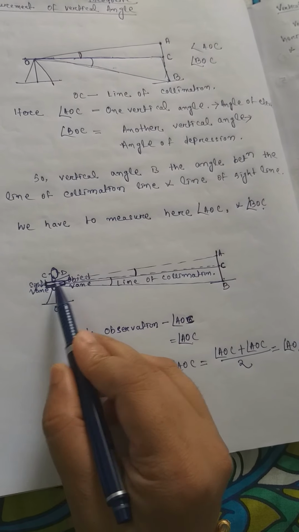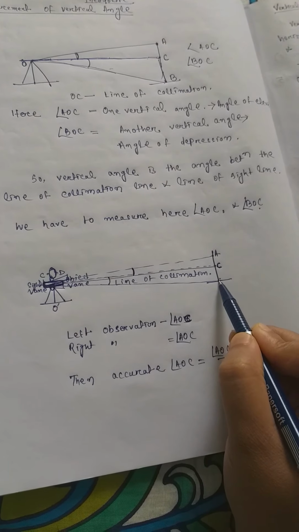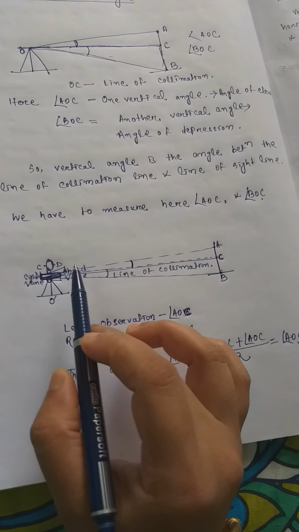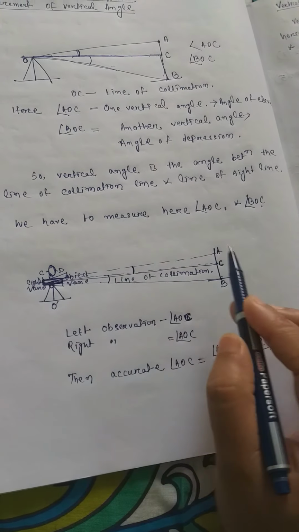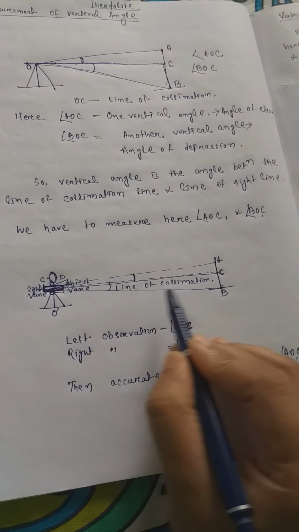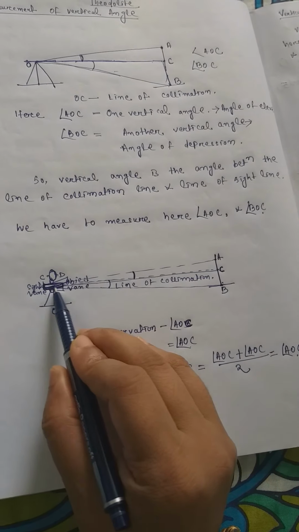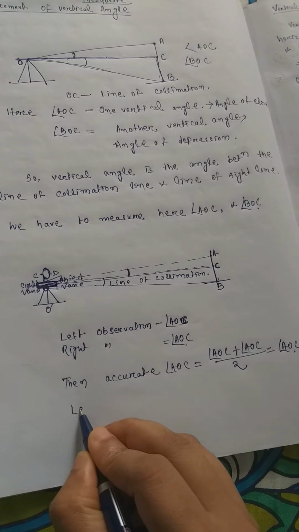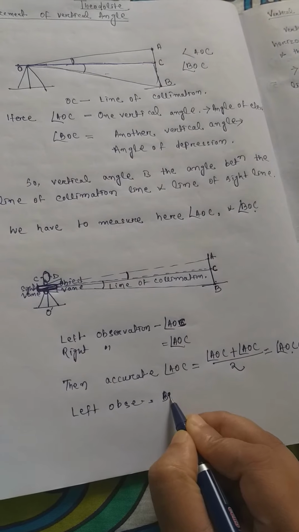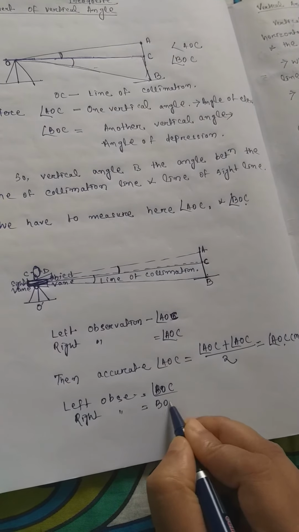Like that we set C and D at 0. Then we bring the telescope downward to bisect the point B. The process used to bisect A is repeated for B. Then we measure the angle BOC twice, for the left observation BOC and the right observation BOC.